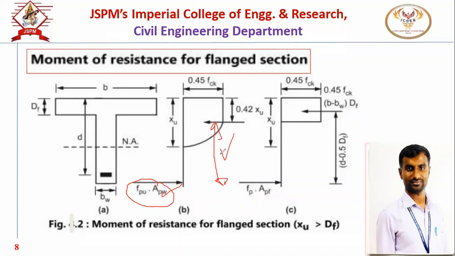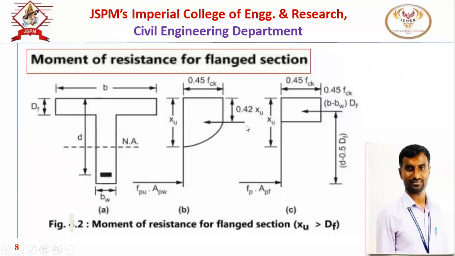This perpendicular distance will be total depth D minus 0.42 XU, plus then again this force into the perpendicular distance, or we can say lever arm, D minus 0.5 DF. So the combination of these two gives the moment of resistance. In case of a rectangular section, only this diagram you have to consider, and for the flange section, the combination of both.